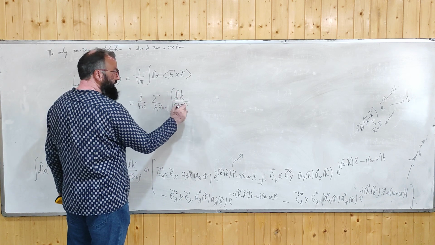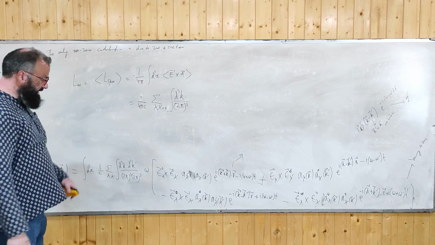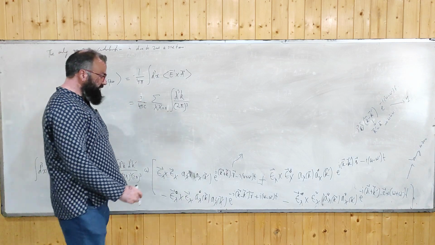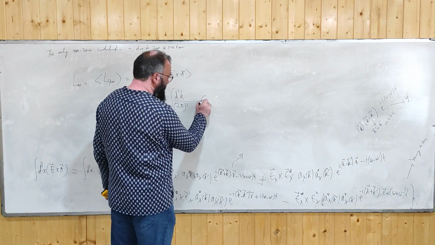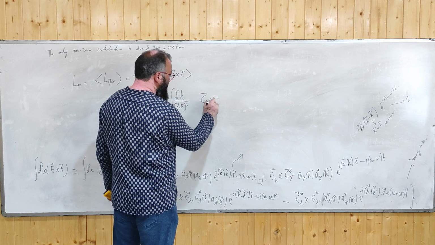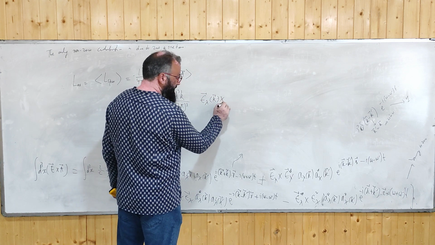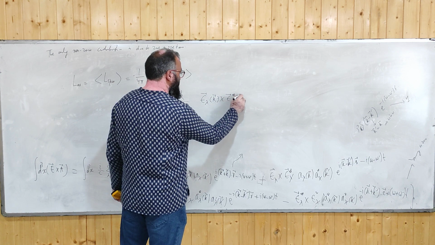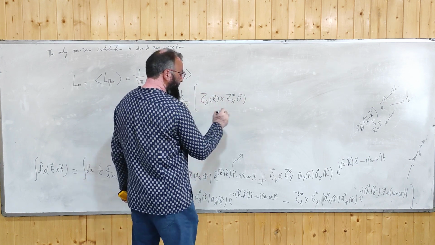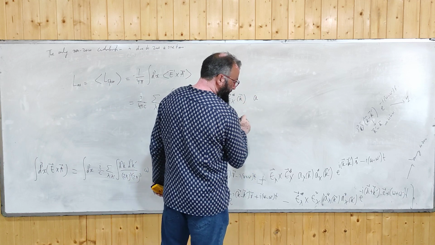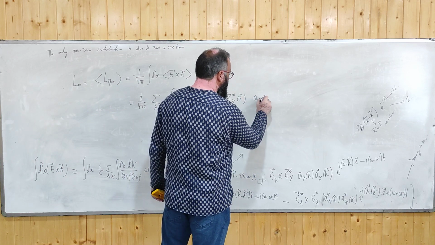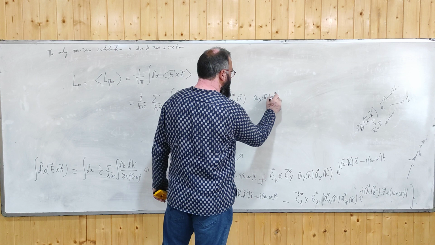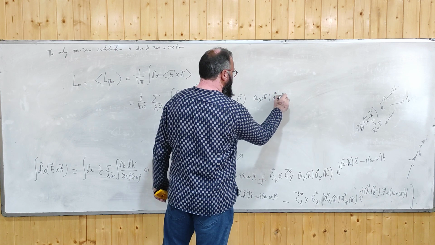The 2 pi cube gets cancelled with that delta function, and d3k we are integrating over k prime. So what is here? You have epsilon lambda k cross epsilon star lambda prime k, then a lambda k and a star lambda prime k prime.